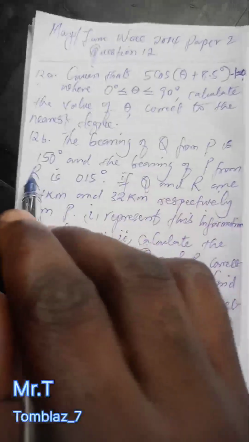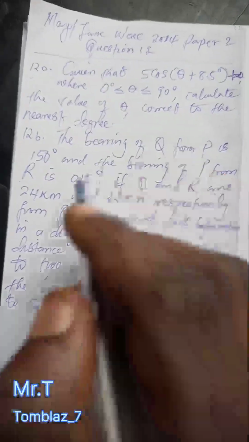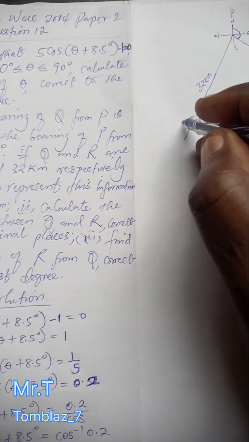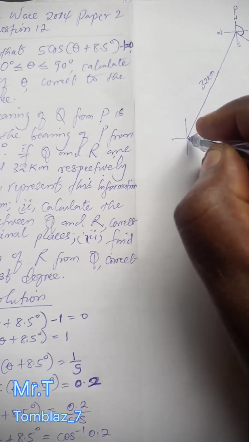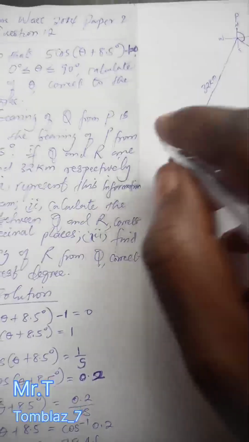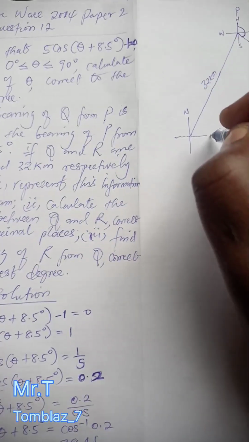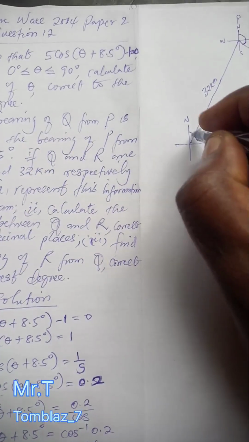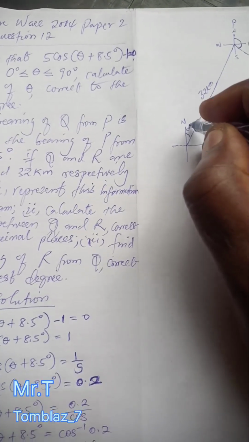Now, R is on a bearing of what? It has a bearing of this to get to P, which is 015. So since it is 015, we'll take it from north to east. So we just have it here, 015 degrees.